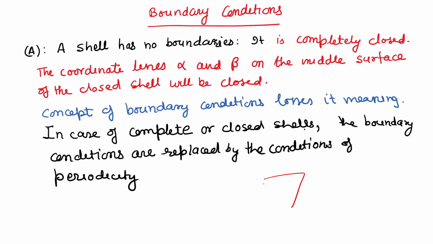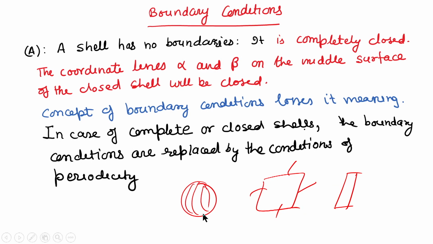But in the case of a shell it is not true. If you talk about a complete closed shell, let us take a sphere, then where do you provide the boundary conditions? There is no open end. Similarly, a completely closed cylindrical shell, then also it is difficult.